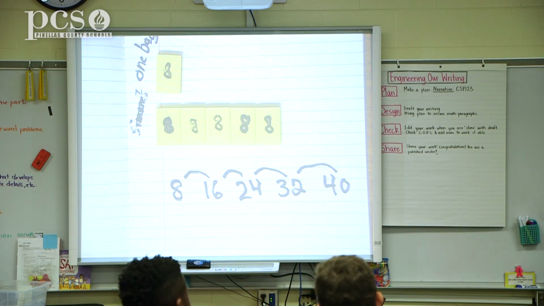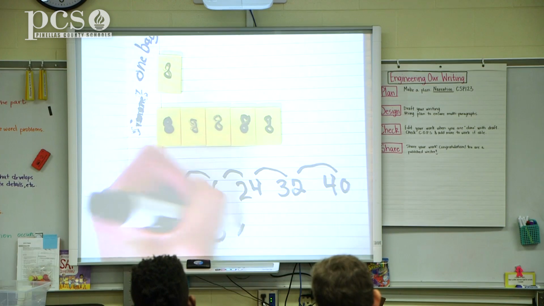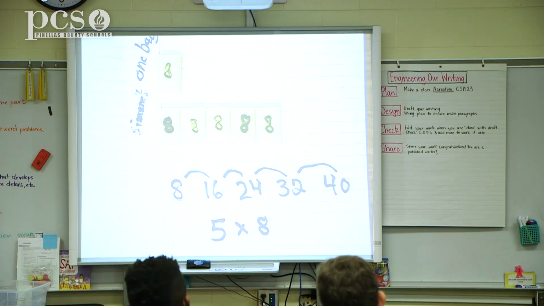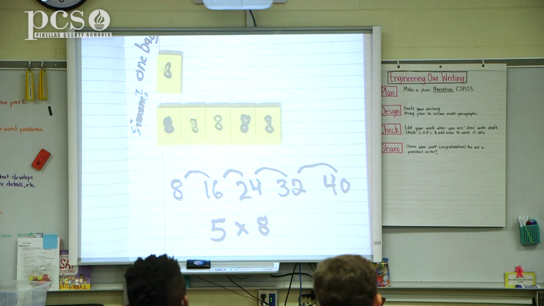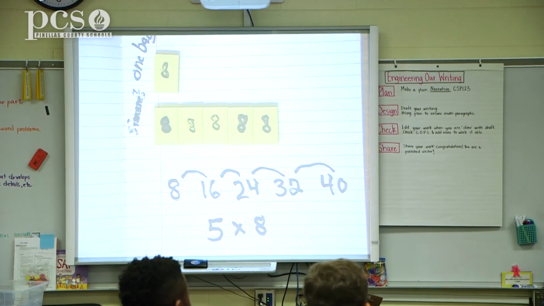I also saw a couple of you who said we could just do this. Does that work too? Yes. What does 5 times 8 mean? It means it's multiplying 8, 5 times.